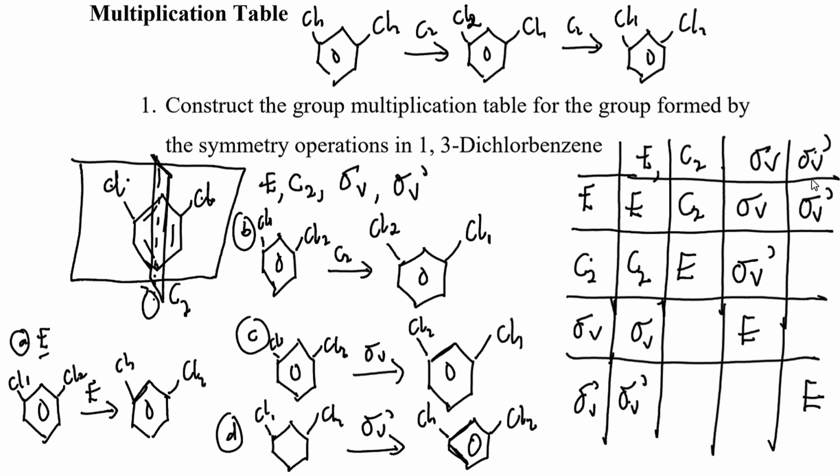Let's look at this also. Multiplication of sigma v prime and then C2. What would it give? This is sigma v prime.